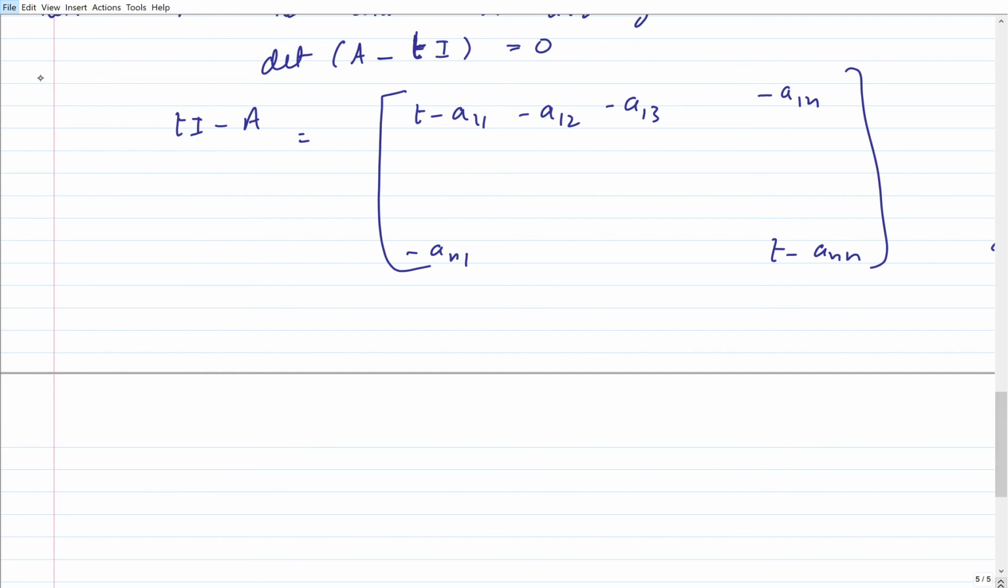So the determinant in general is a polynomial. If I calculate the determinant, it's a polynomial.